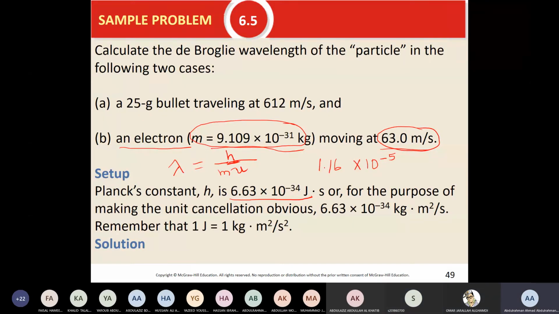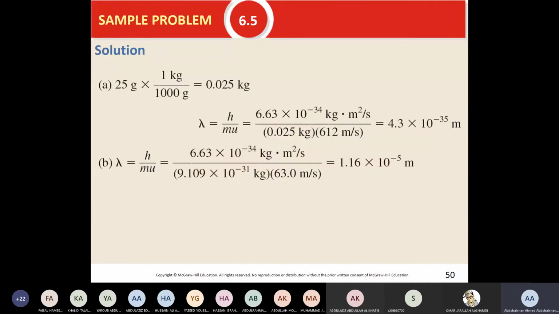Yes, fine. 1.16 times 10 to the power minus 5. That's all you need to do. Then you have the mass, you have the speed, and you have h. All right, I hope so.